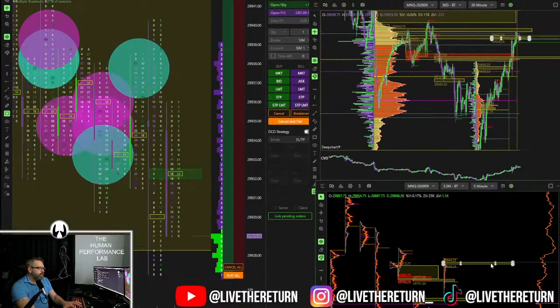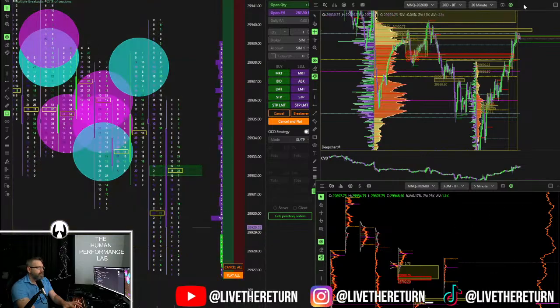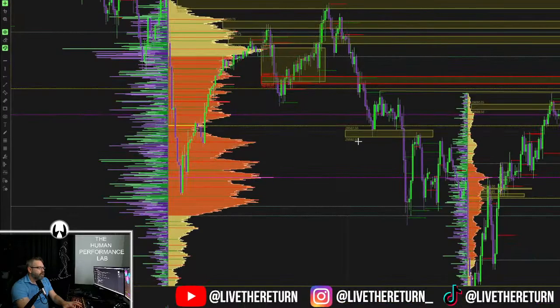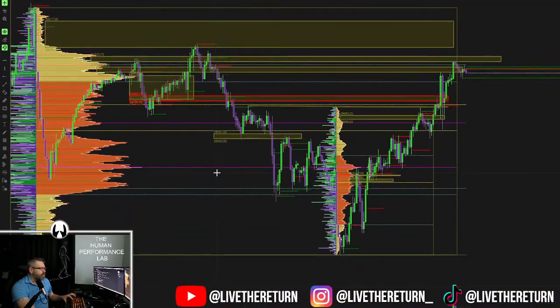Let's get rid of some of these too. Where is this one coming from? It has to be coming from this chart. Oh, it's right here. There we go. Okay, that's better. Now the chart's a little bit cleaner, not so many lines, and let's bring this over here so everybody can see it.